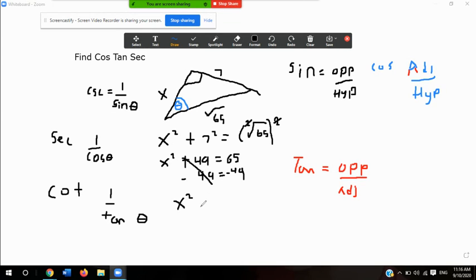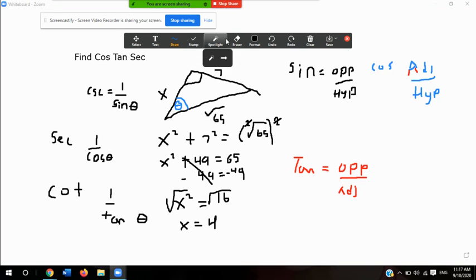Basically 65 minus 49 is 16. So I need to find the square root of 16 in order to get the value of the missing length. So this cancels out. So does this. And x equals 4. So I found the missing side of the triangle. I know that this equals 4 right here.